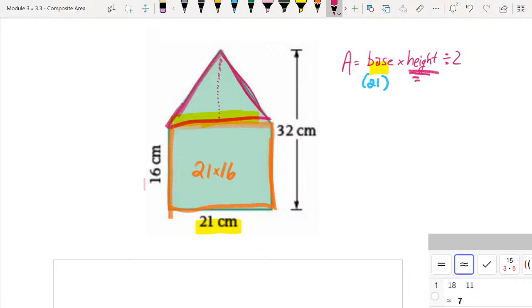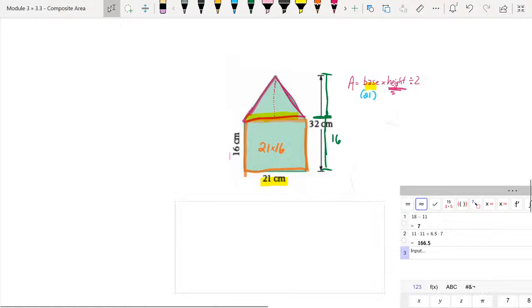But we know that the height of the entire thing is 32. And we know that we've used up 16 of that. So how much is left here for the top? Well, if you can do it in your head, great.